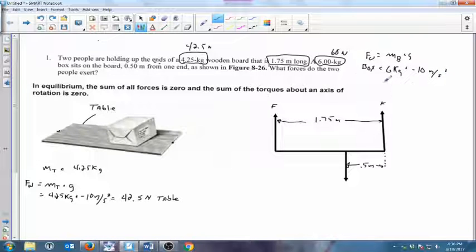That gives us the 60. Force weight of the box is equal to 60 newtons. Now I can put those right over here. They're going to be useful.